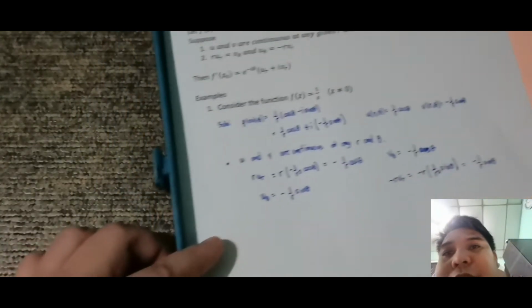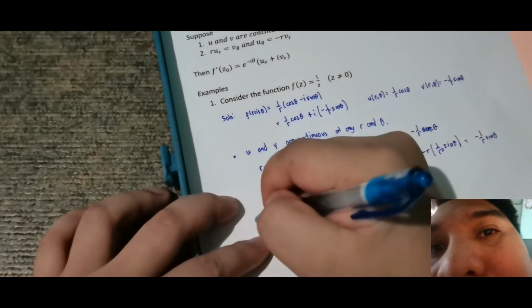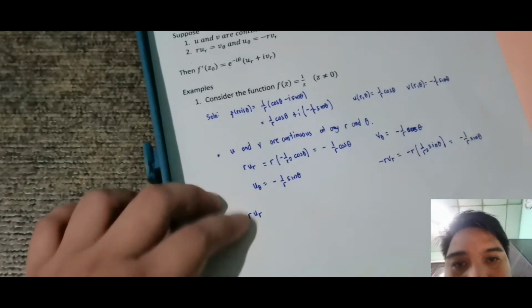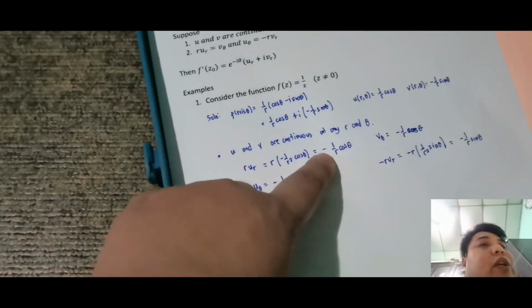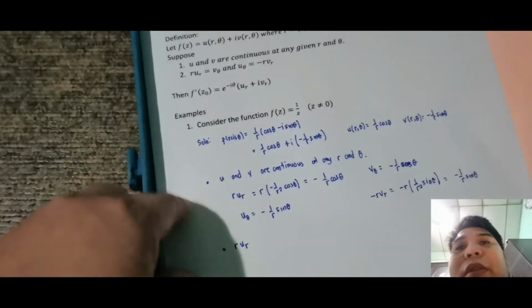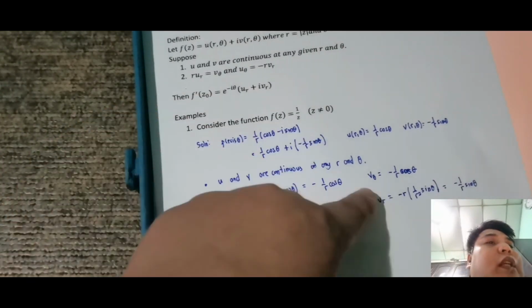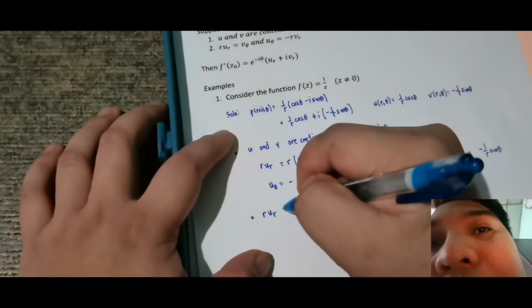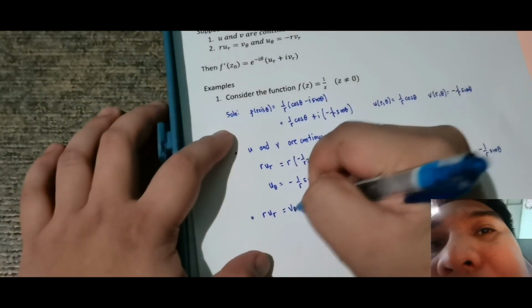Okay, ngayon, pansinin natin. Si r times partial derivative of u with respect sa r, ito yon, negative 1 over r cosine theta, equal ba kay, ano ba yung tanong? Partial of v with respect sa theta. Yes sir, equal po sila. Kita naman doon. So this is equal sa partial of v with respect sa theta.